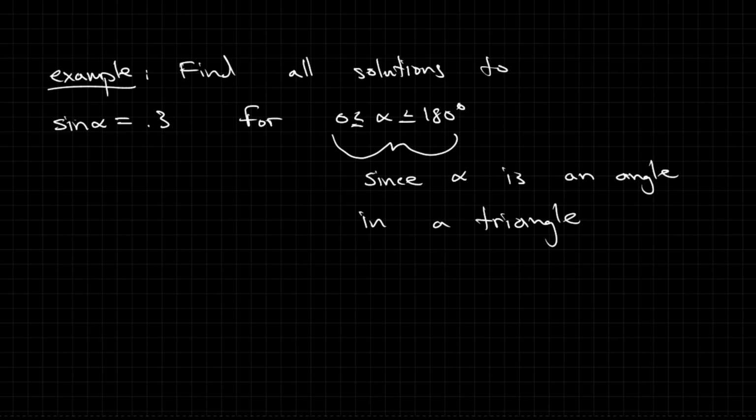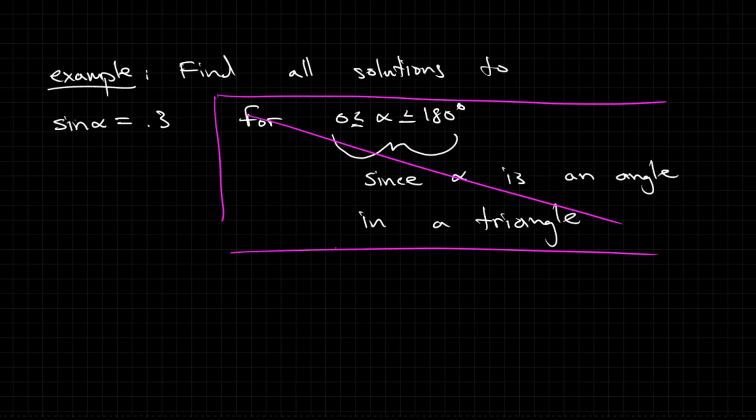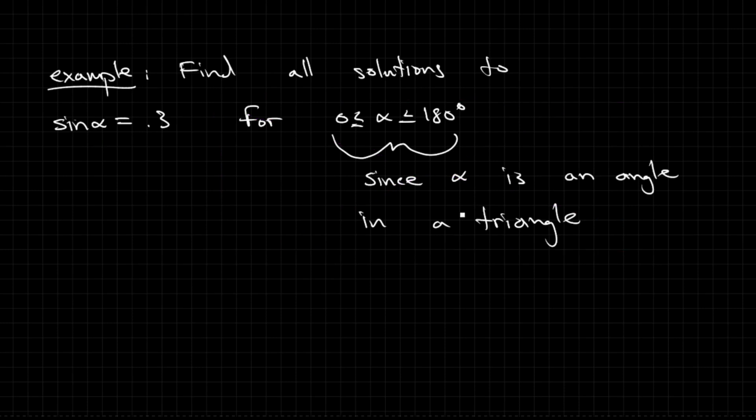You could certainly talk about how to find all solutions to sine alpha equals 0.3 without this restriction that alpha has to be between 0 and 180 degrees. However, when we go to use this in the law of sines, the alpha that we solve for has to be between 0 and 180 degrees because it is the angle in some triangle, and an angle in a triangle cannot be larger than 180 degrees.